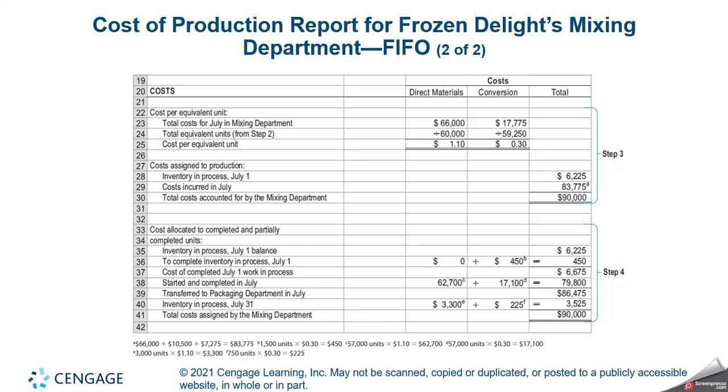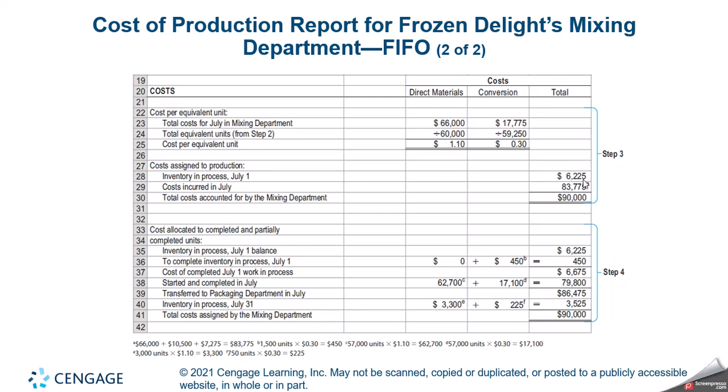So if we're using our first in, first out methodology, it means the first stuff sold or processed is the first stuff that's going to get moved out into the next department. So these are our same costs that we've always had.